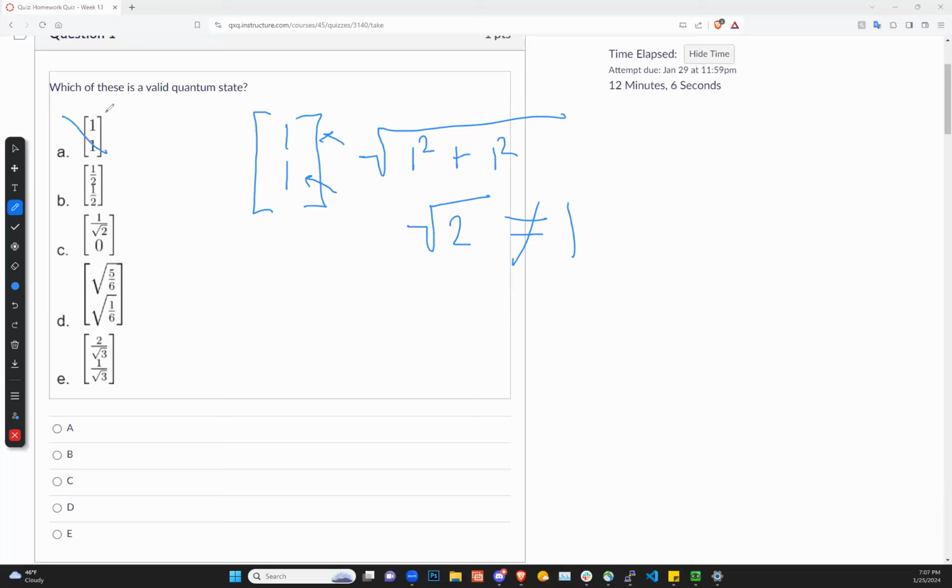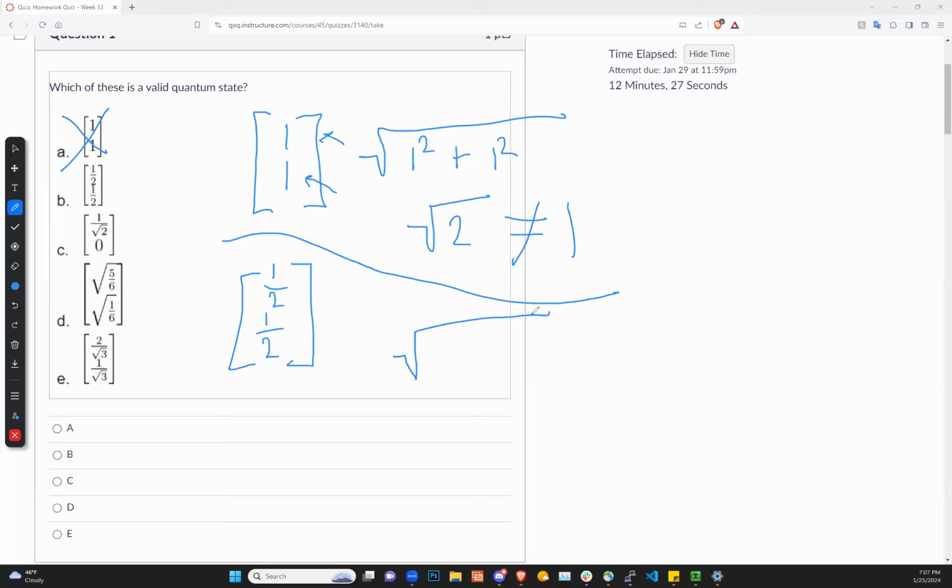So A is not a valid quantum state because its length is not 1, which means we won't be able to use Born's rule to predict probabilities, which is no good. Let's try this out with B. Now we have this vector here, 1/2, 1/2, and we can do the exact same thing.